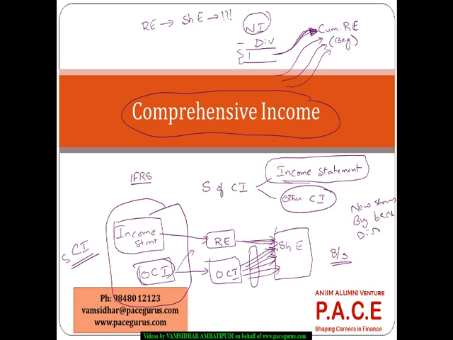So I'm looking at the comprehensive income, except for the contributions and distributions, all other things that are impacting the shareholders' equity are captured as a part of comprehensive income. Out of it, the income statement captures the retained earnings portion, whereas all the remaining things are captured as a part of this other comprehensive income.